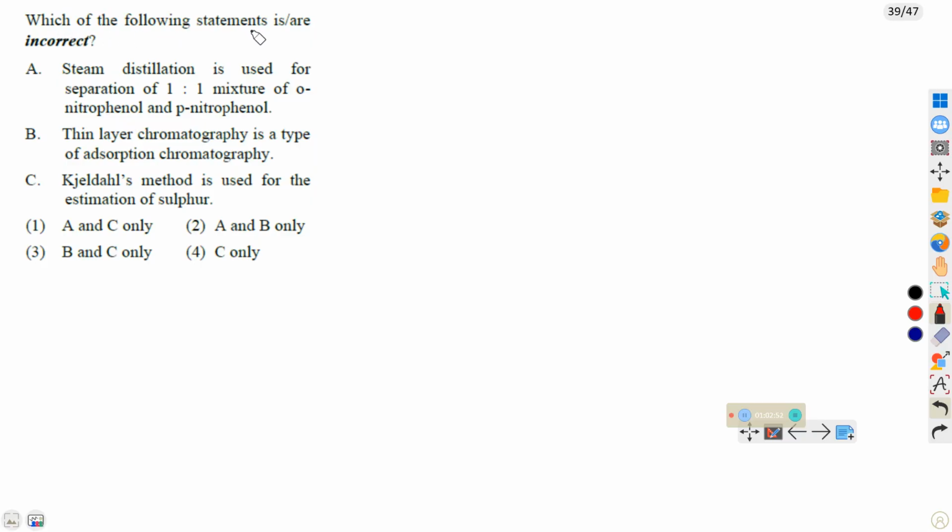Which of the following statement is incorrect? Steam distillation is used for separation of 1:1 mixture of orthonitrophenol and paranitrophenol. Correct. Thin layer chromatography is an adsorption chromatography. Correct. Remember one more point here.